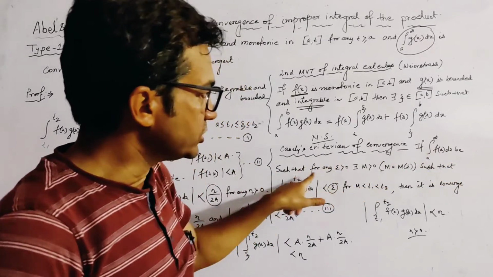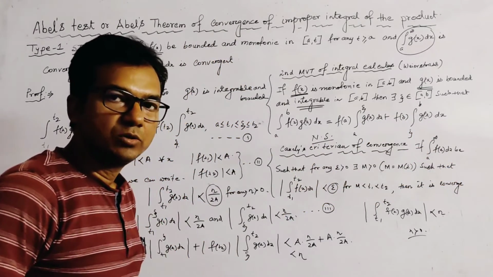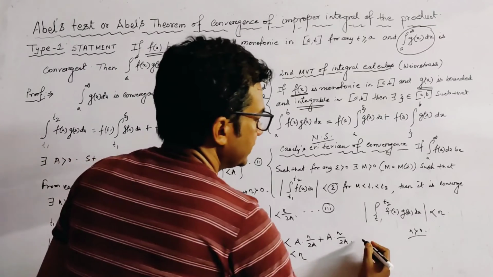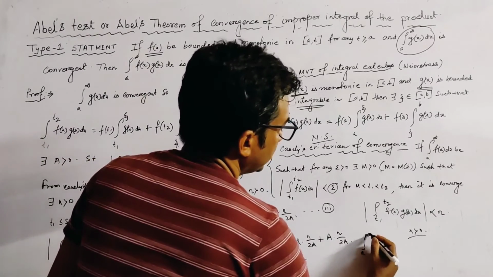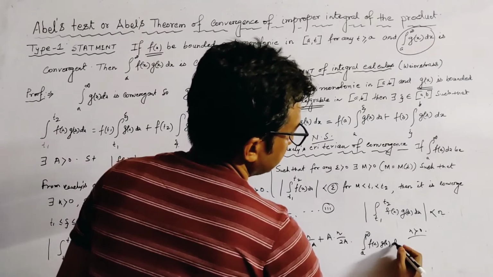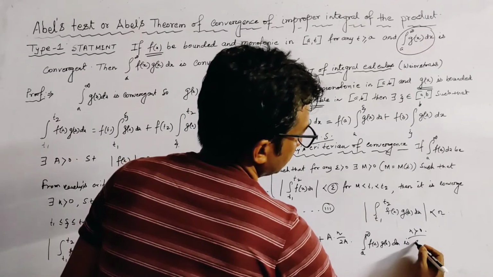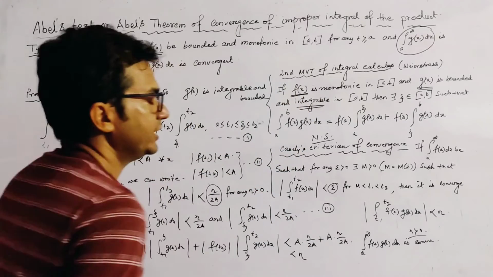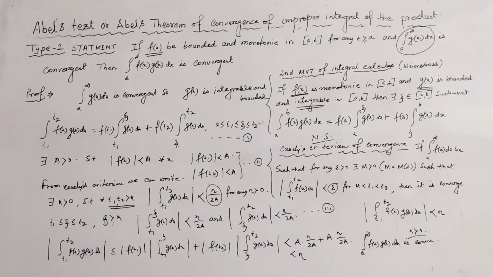So by using Cauchy's criterion of convergence, we say that integration a to infinity f(x) g(x) dx is convergent. Okay, and this completes our proof.